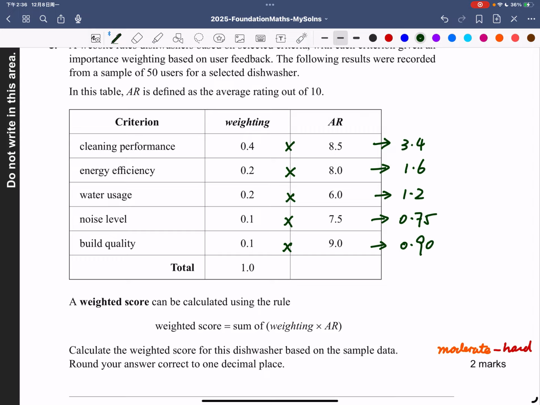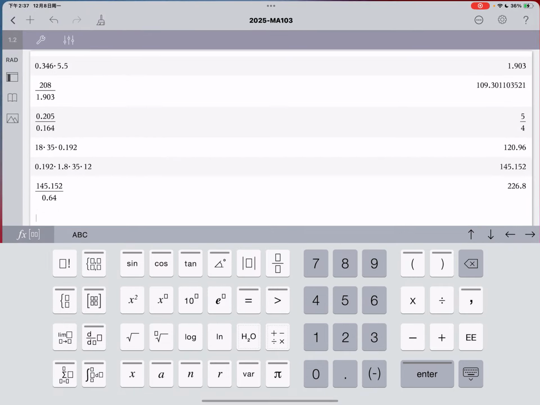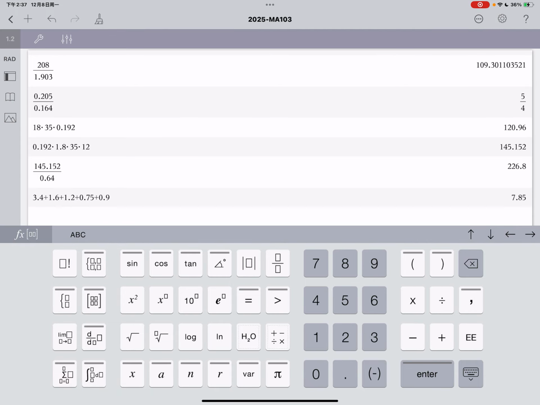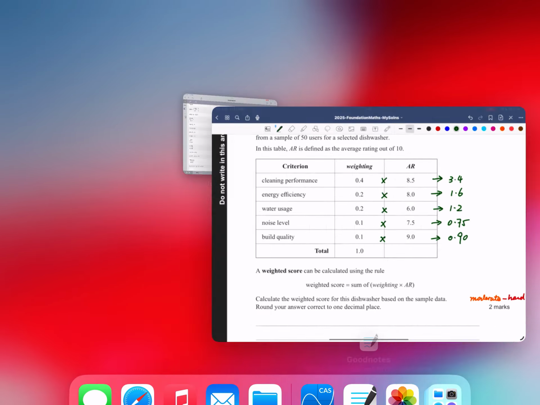Basically, it's like the statistics content you did in year 9. Like you do a sum, like a sigma. So you do 3.4 plus 1.6 plus 1.2 plus 0.75 plus 0.9. So that'll give you 7.85. Yep.